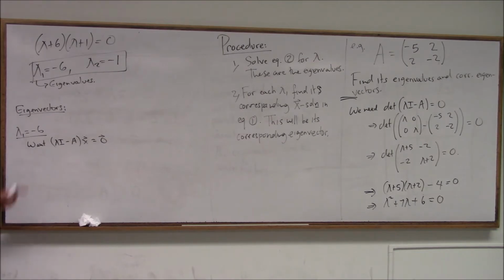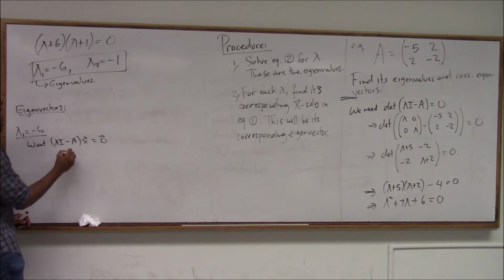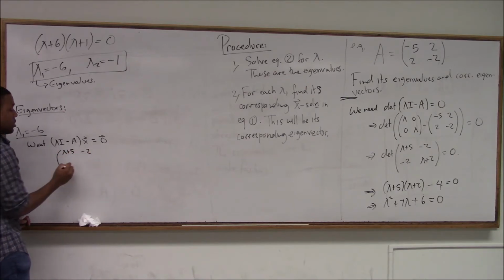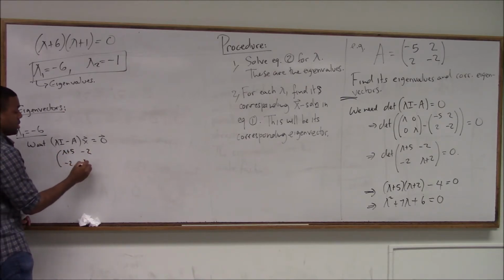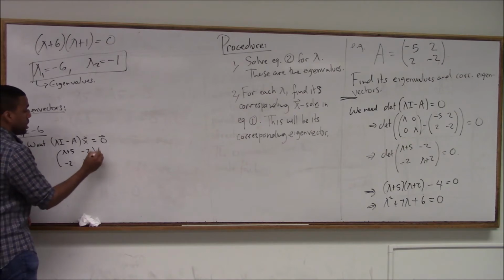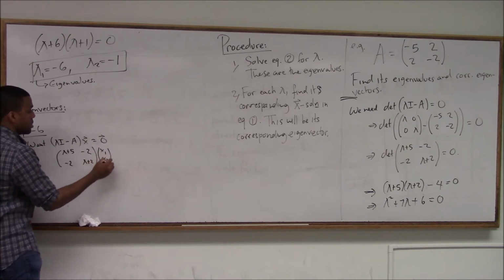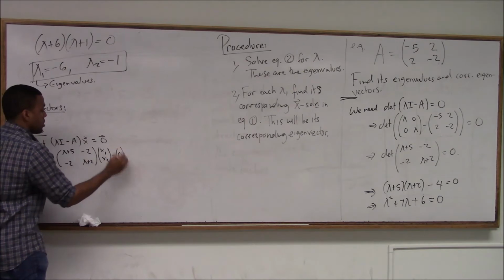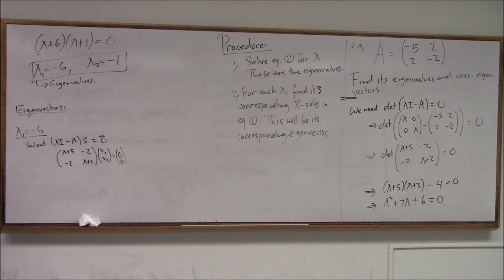So I'm just going to plug this in. In other words, I want lambda plus 5, minus 2, minus 2, lambda plus 2 times x equals 0. Now I'm going to plug in minus 6 for the lambda.